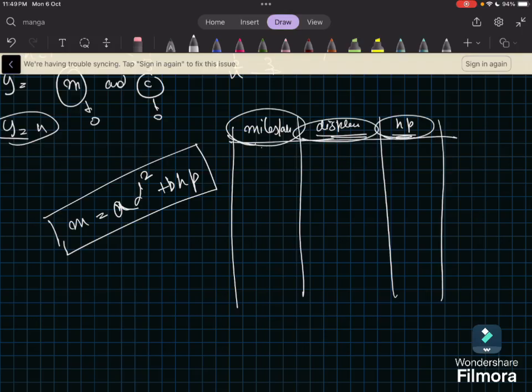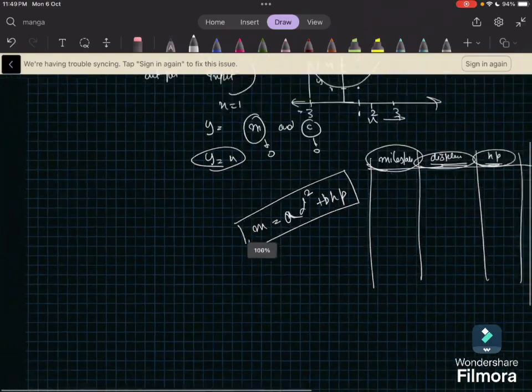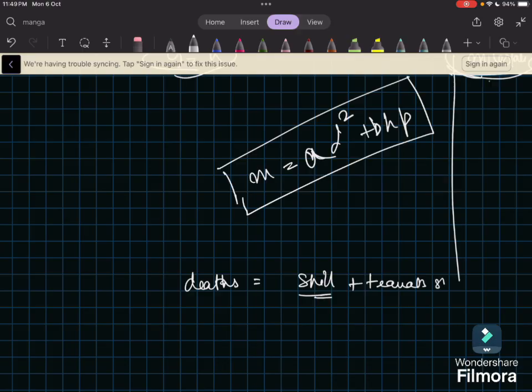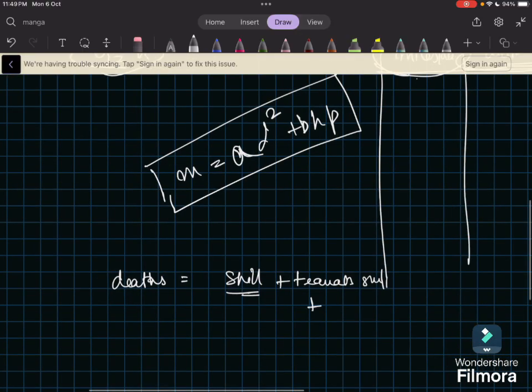There could be many examples, like take a classic case of a game, right? Our deaths in a game is dependent on our skill, our team skill, teammates' skill, or number of teammates we have.